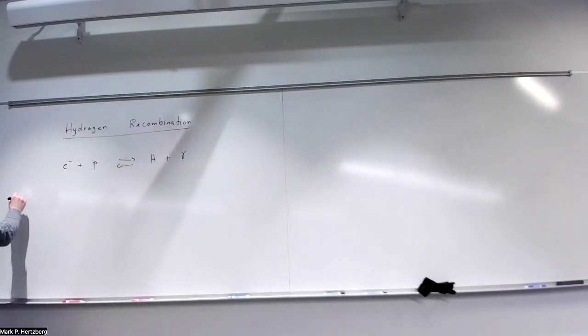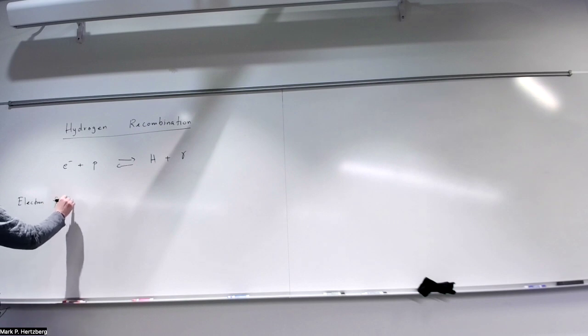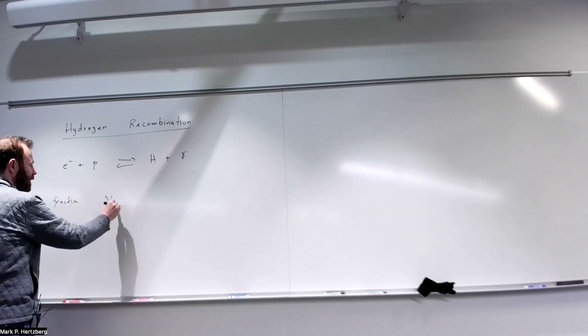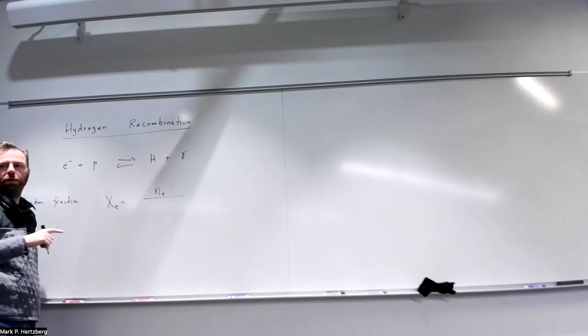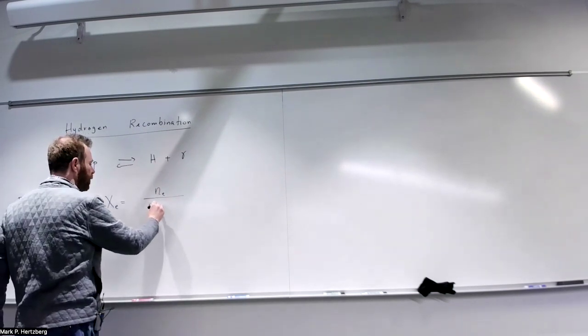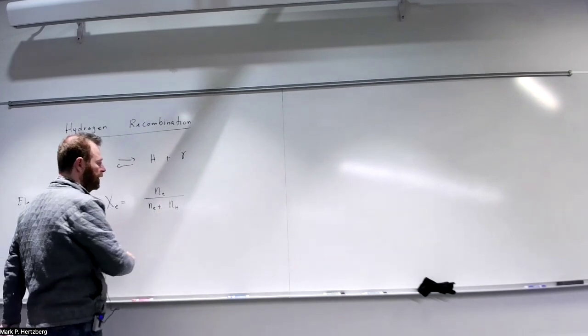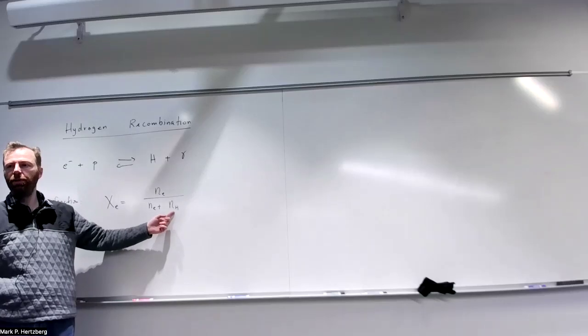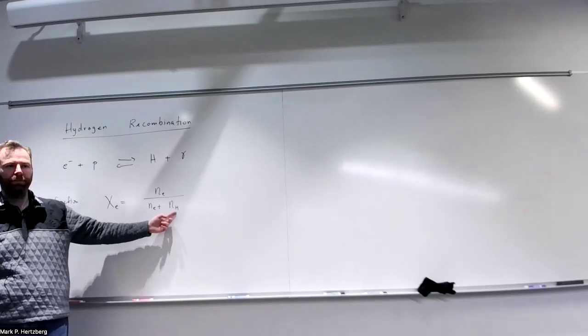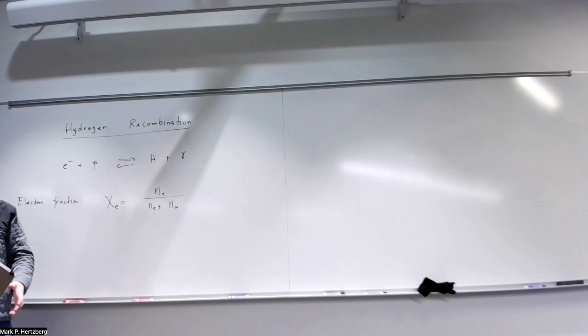So the electron fraction, called it Xe, is the number of free electrons divided by the total number of electrons, which we can write like this: number of free electrons plus the number of hydrogen, because they each house one electron. So that's the fraction of free electrons.